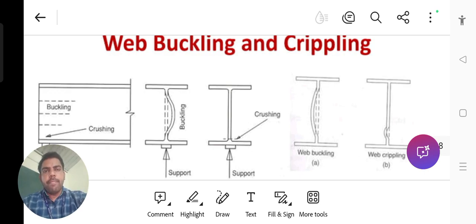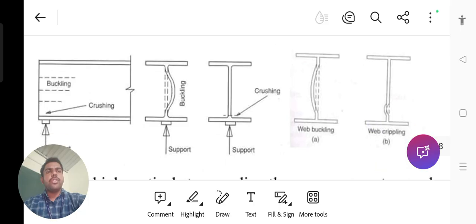Web buckling: in that particular situation, in the I section, due to the load acting on the beam, the web portion buckles or gains some bend. So this is called web buckling. And web crippling means that at the corners, junctions or joints where two plates are connected, the failure occurs at that location. This type of failure is called web crippling.